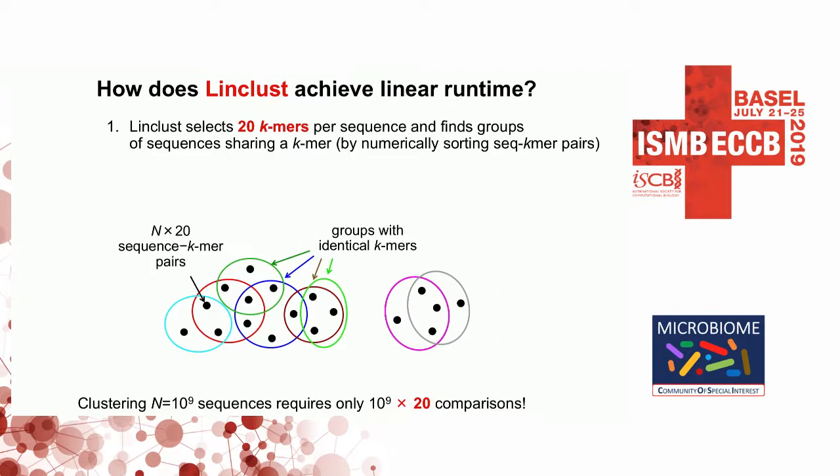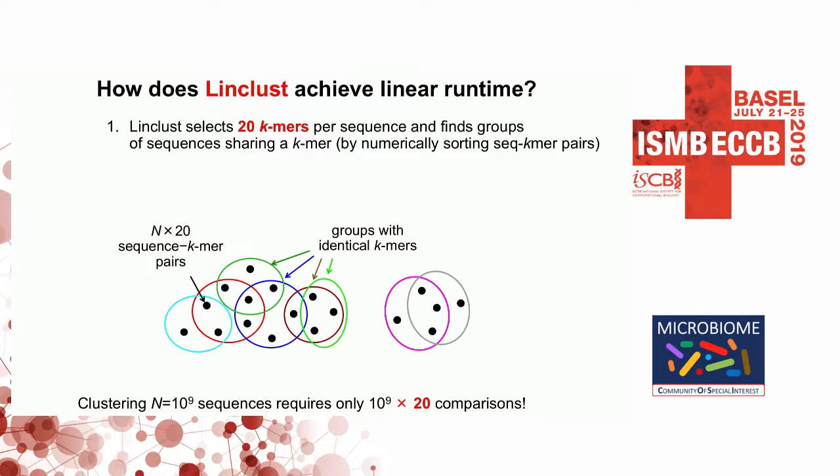So here we pick per sequence just a finite number of k-mers, let's say 20. That's actually the default value. So each dot now represents one k-mer in a sequence. So we have 20 times n such dots here, right? And the circles indicate which of those belong to the same k-mer. So these would be 4 sequences here that all have this green k-mer.